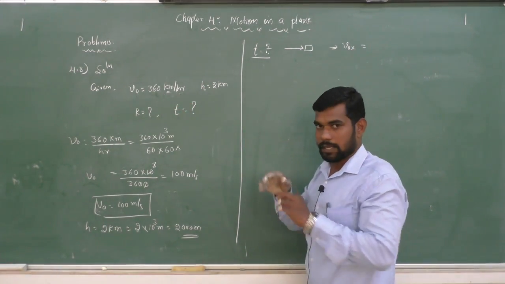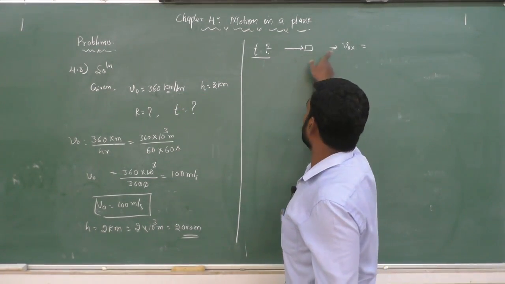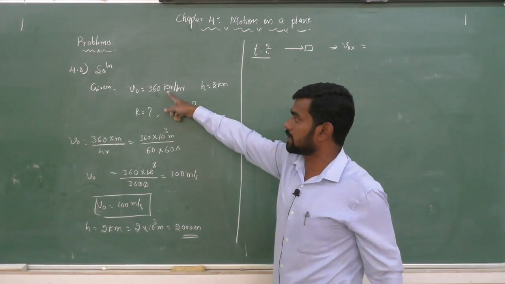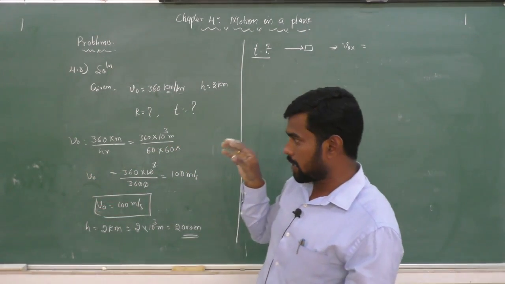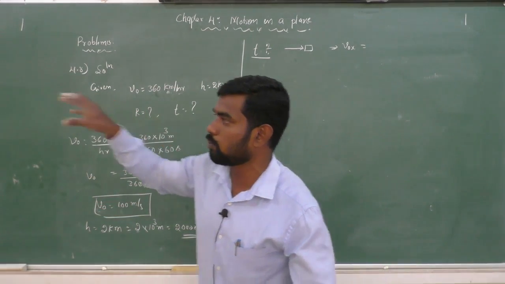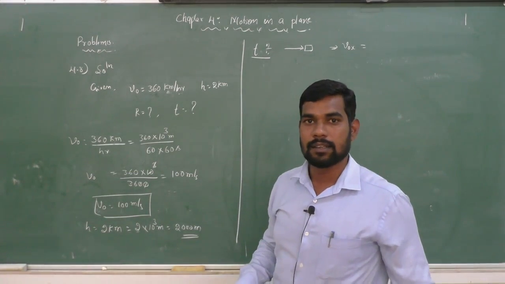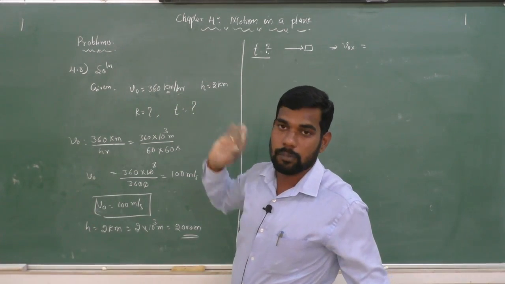Just imagine the aeroplane moving here with a speed of 100 meter per second, that means 360 kilometer per hour. If it drops, then your object, this food pack, will be moving with that horizontal velocity, 360 kilometer per hour.